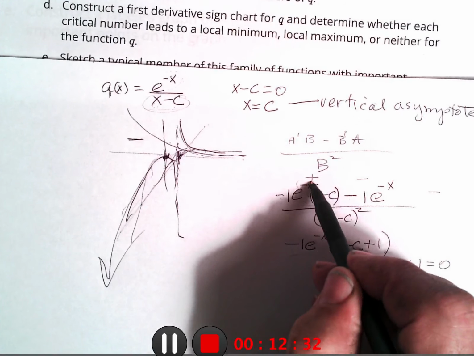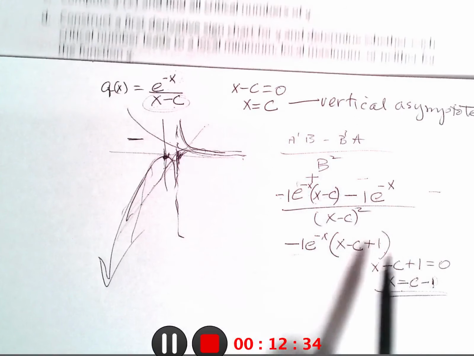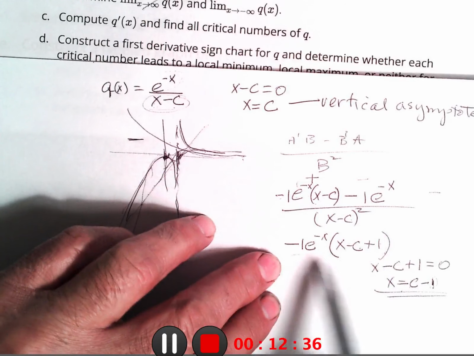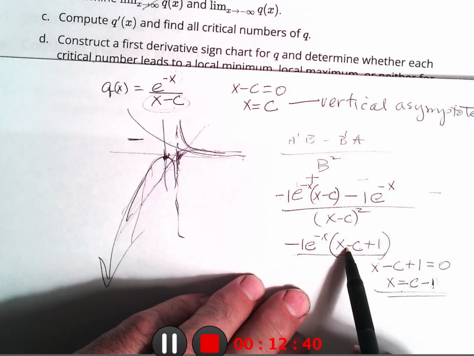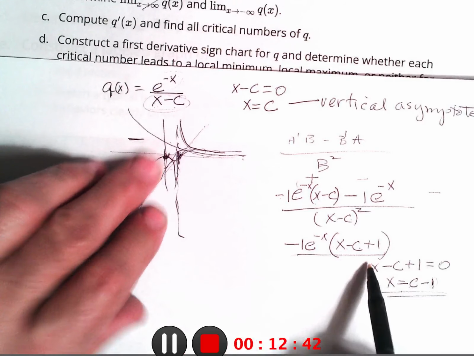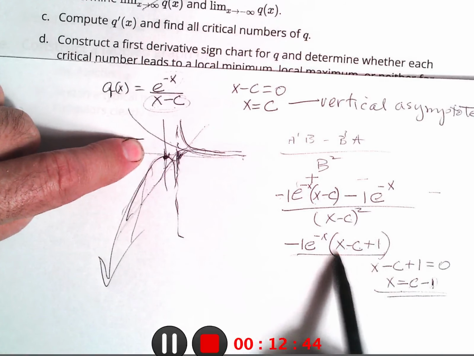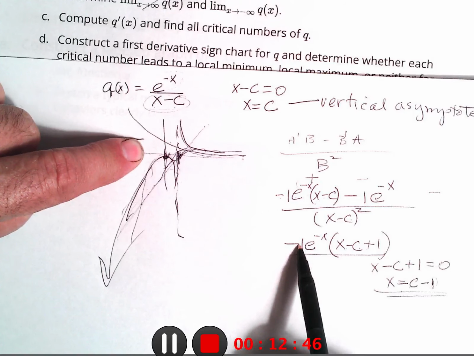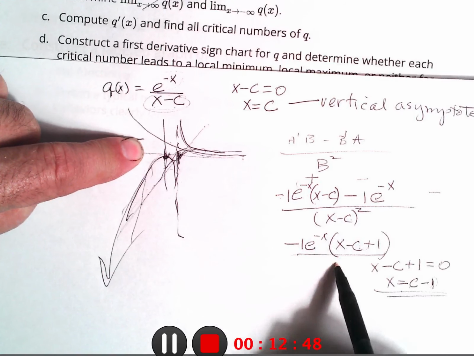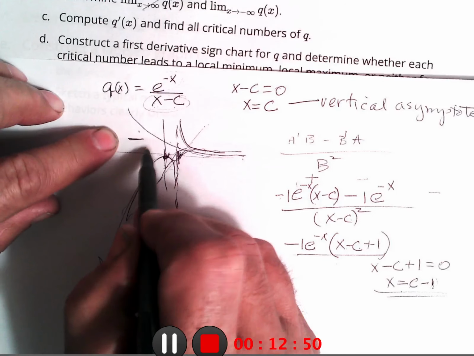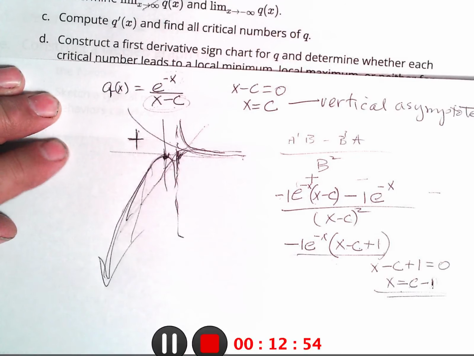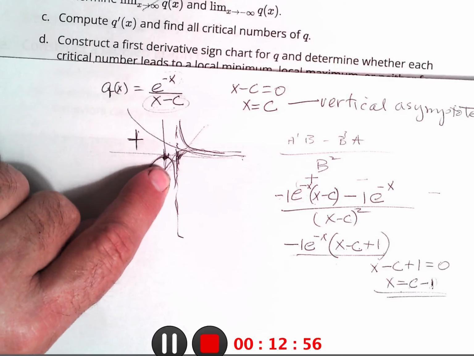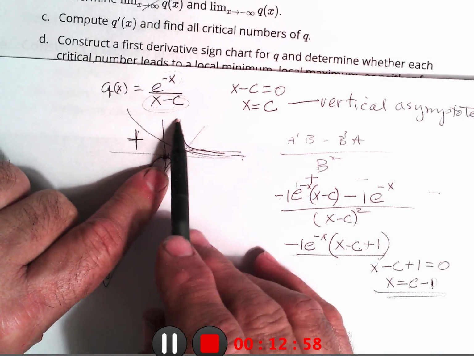And let's look at this numerator here. This will help us. So if we look below c minus 1, this will be negative times the negative is positive over a positive. It will be positive over here, which has a positive slope. It should be negative in here, and it should be negative here because that's negative slope and negative slope.